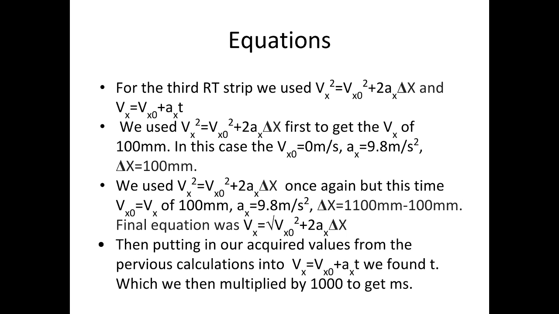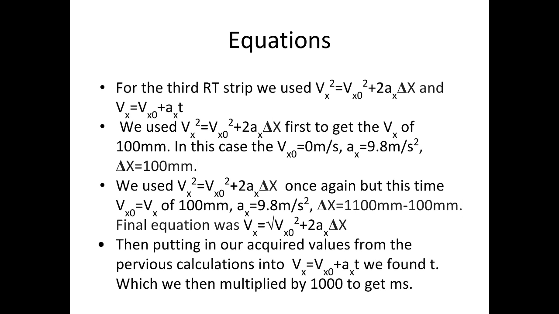For the third reaction time strip, we use v sub x squared equaling Vx naught squared plus 2 times a sub x delta x and v sub x equaling Vx naught plus a sub x multiplied by t, which is the third kinematic equation and the first kinematic equation again.